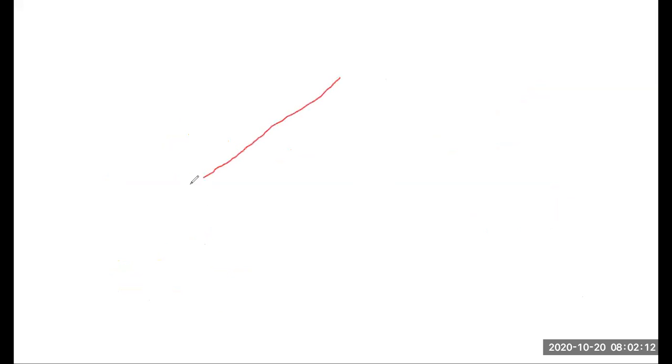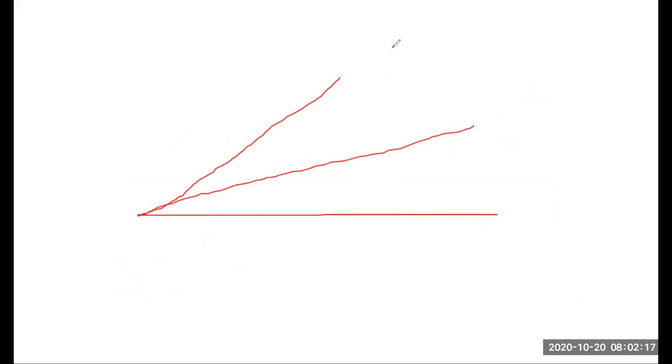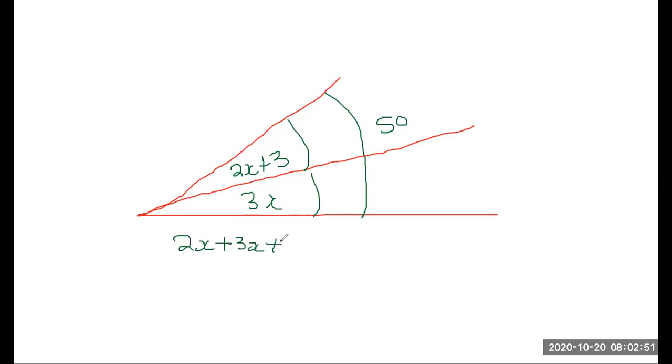So looking at adjacent angles still, if I was supposed to write an equation for this one, 2x plus 3, 3x, but the whole thing is 50. What would be my equation? How would I write my equation out? 2x plus 3x plus 3 equals 50.